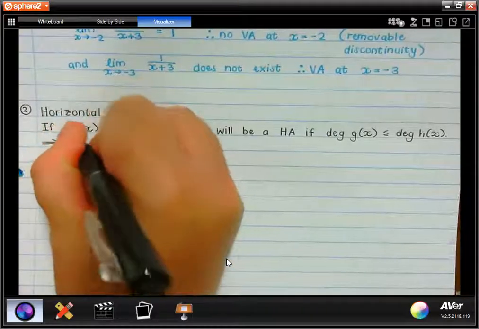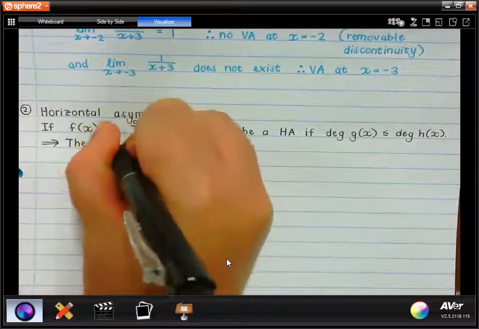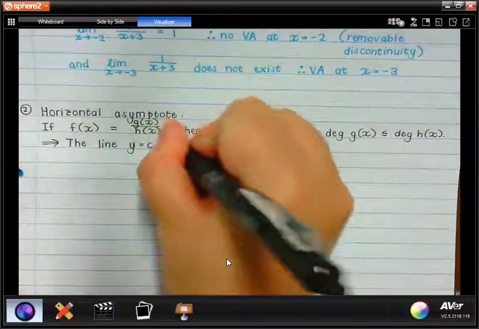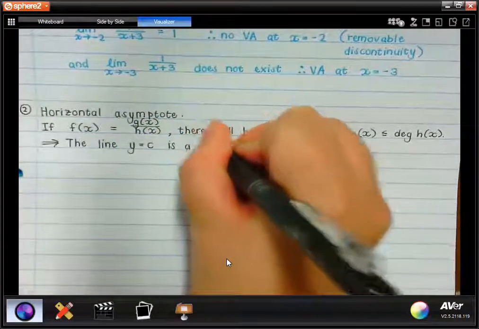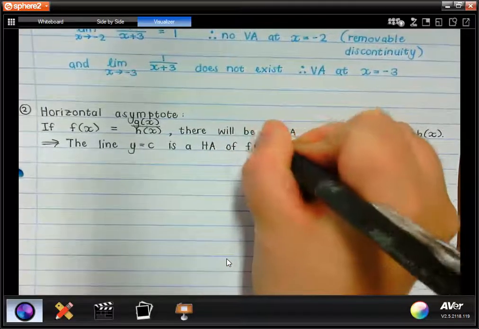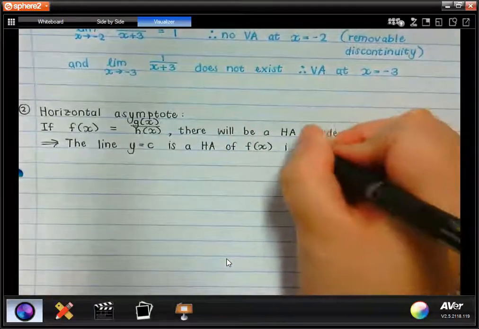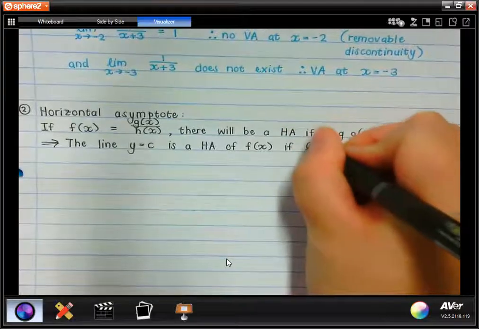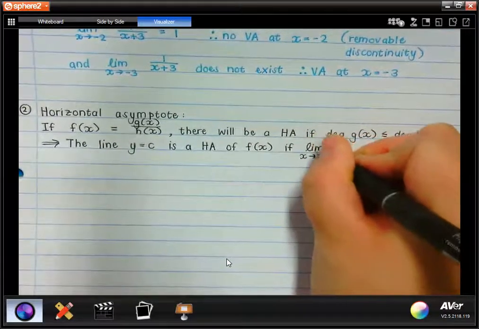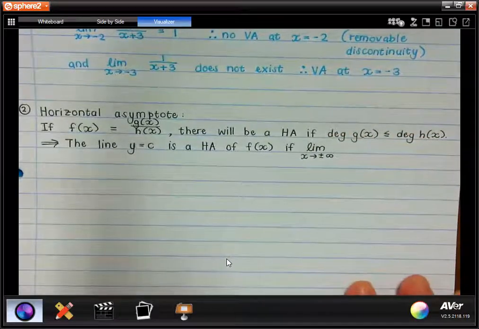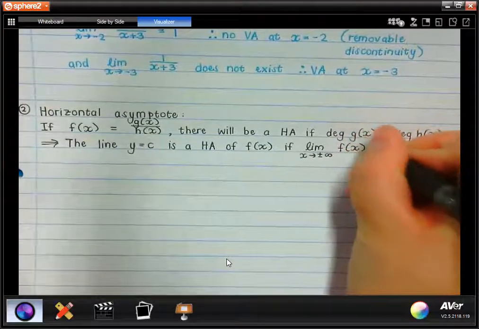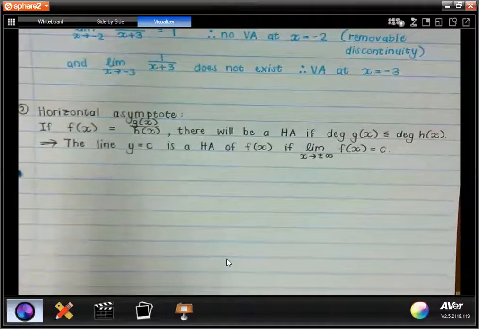The line y equals c is a horizontal asymptote of f of x if the limit as x tends to positive or negative infinity, but we usually just work with positive infinity, I'll show you, of that function is equal to c.